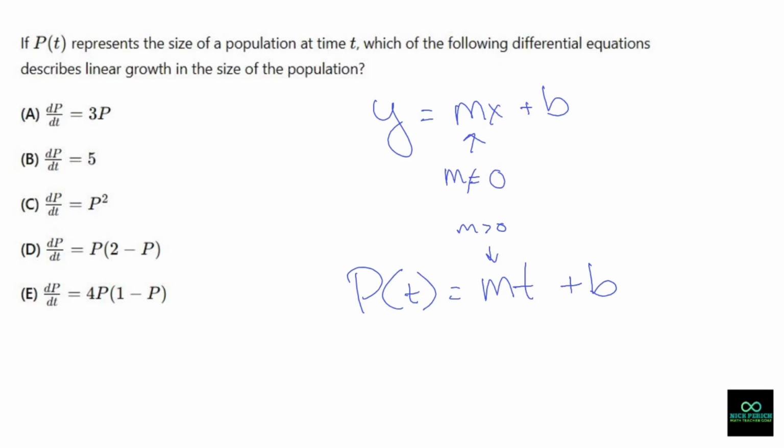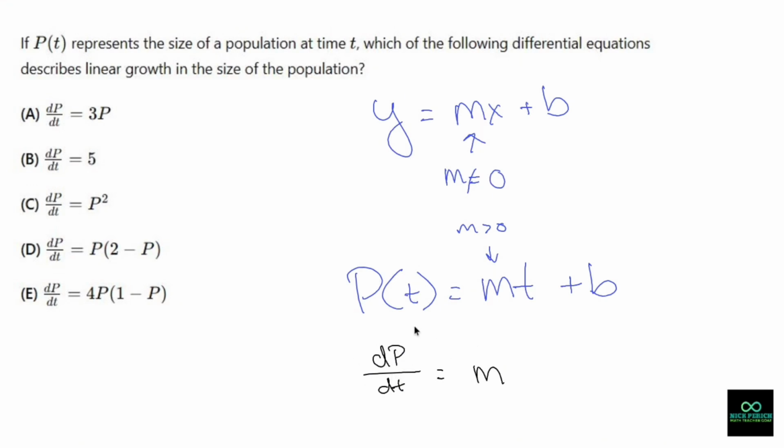Okay, so that's linear growth, which means in order to take the derivative of that, we would get the derivative, which is dP dt, is going to equal the derivative of m times t, which is just going to be m, and then the b disappears because a constant just goes away.